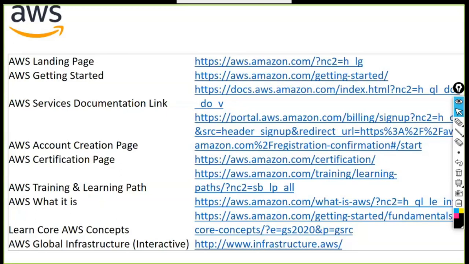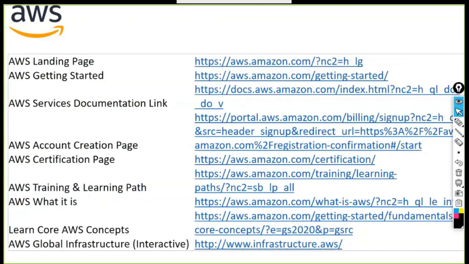These are the links we might be frequently using on the official AWS portal itself. We might have hundreds of other blogs and portals for learning, but these are the official sites that connect to your AWS portal. You can make use of this. I will share it later, and a few of the links I'll explain shortly.